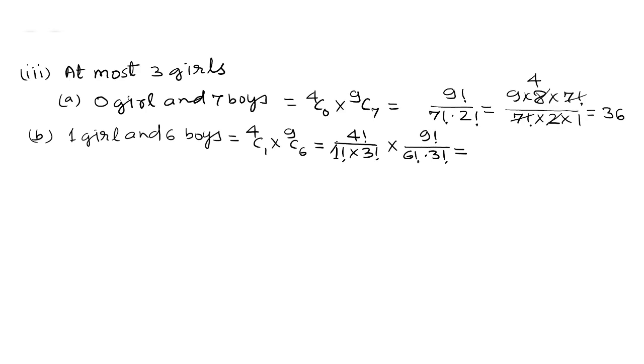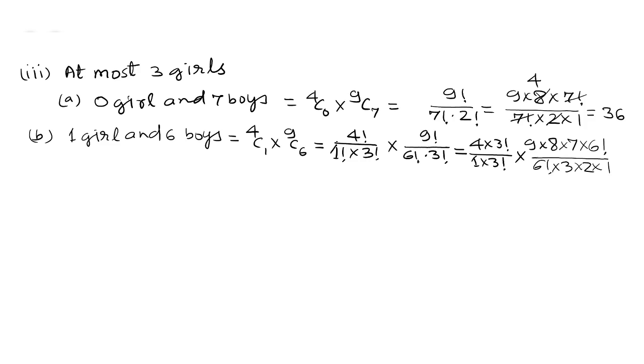This can be written as 4 factorial, which is 4 into 3 factorial, upon 1 into 3 factorial, multiplied by 9 factorial, which can be written as 9 into 8 into 7 into 6 factorial divided by 6 factorial into 3 factorial, which can be written as 3 into 2 into 1.